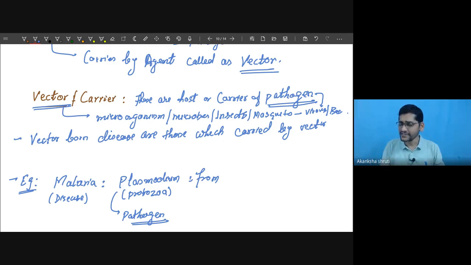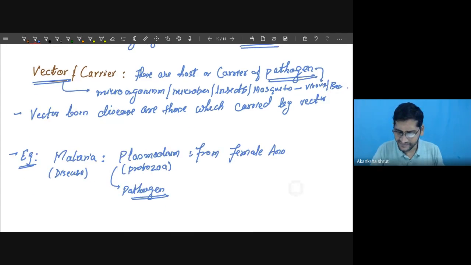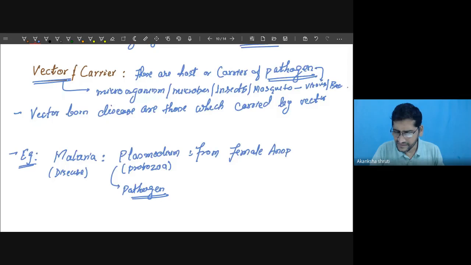Getting the difference? So from the female Anopheles, this is important, student. It is asked. So student, this female Anopheles mosquito is what?